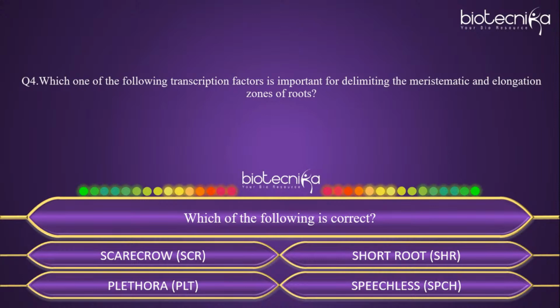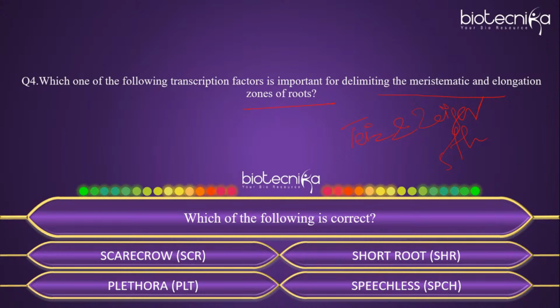Which one of the following transcription factors is important for delimiting the meristematic and elongation zones of the roots? It's a very direct question, and I would say, students, follow Taiz and Zeiger, 5th edition, for plant developmental biology. Each and every gene you are seeing here in the options is there, and their functions have all been mentioned.